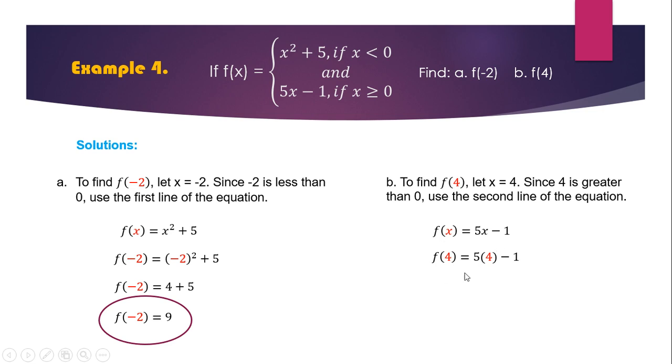It becomes f of 4 equals 5 times 4 minus 1. So 5 times 4 is 20, minus 1. Therefore, the answer is 19. So that is the answer for letter B in example 4.